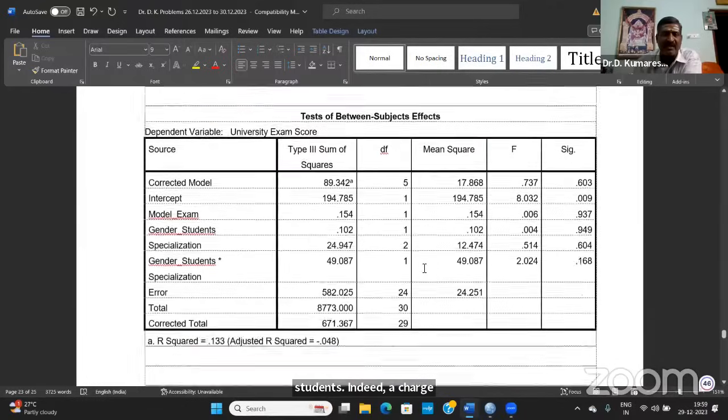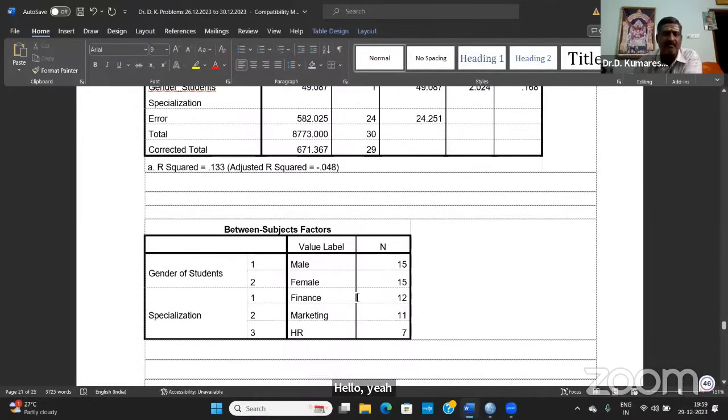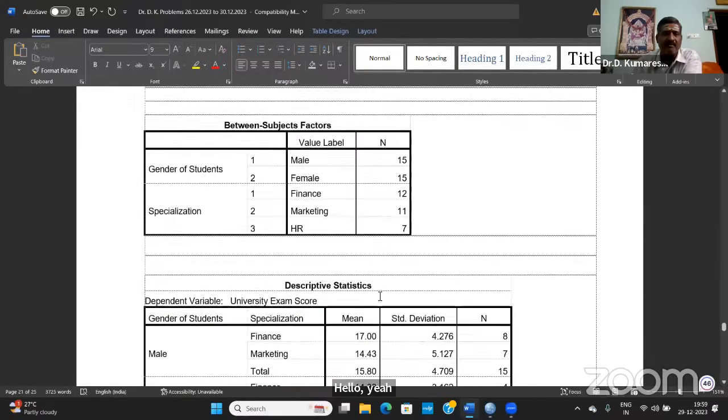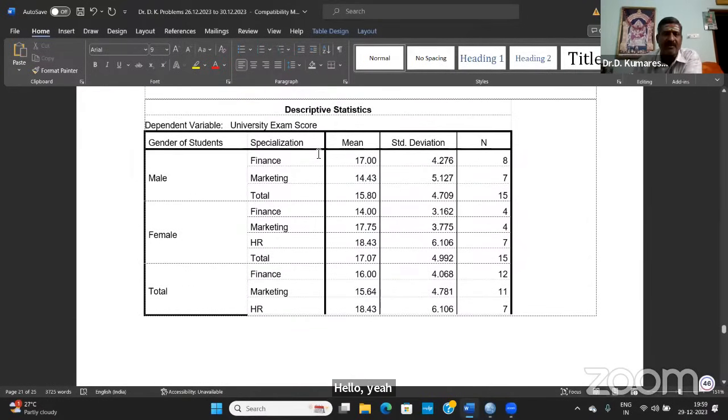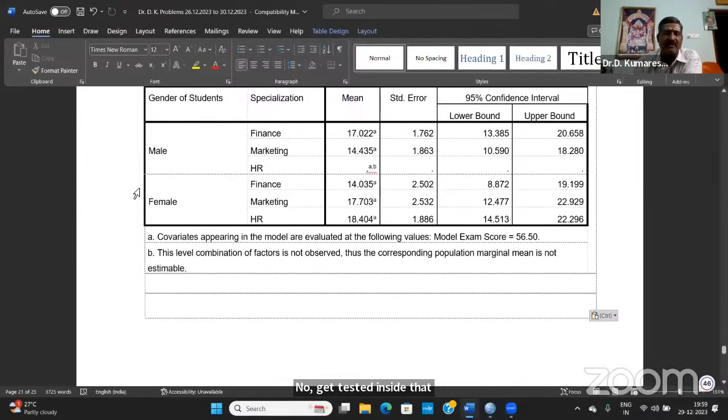Already we have seen here. Total 15 male students, 8 finance, 7 marketing. No HR students are there. So here that comparison is not found. Just dot is given.